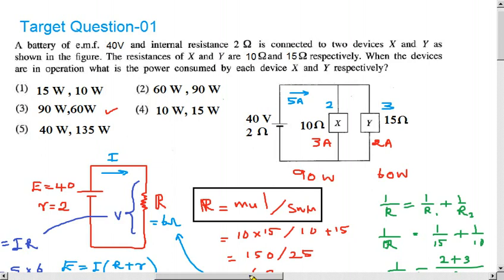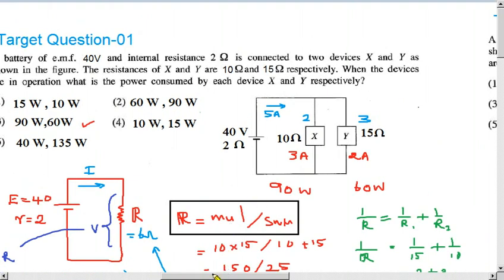So this one is actually not an exam question. However, they have given it now. So let us go to the next target question, and after that we are going to do more difficult questions today.